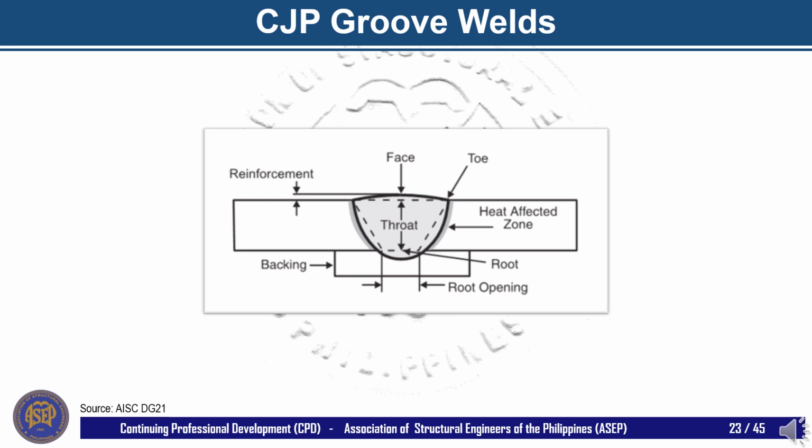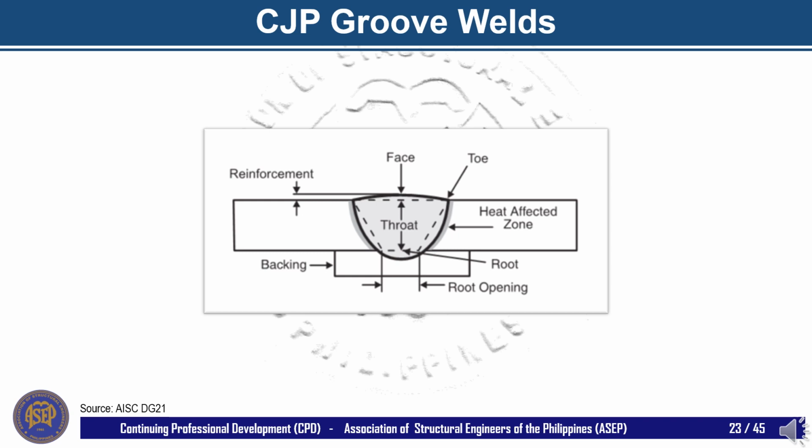Another commonly used pre-qualified weld is the complete joint penetration, or CJP, groove weld. The throat dimension of a CJP weld, by definition, is equal to the thickness of the plates that are connected, as shown in this image.